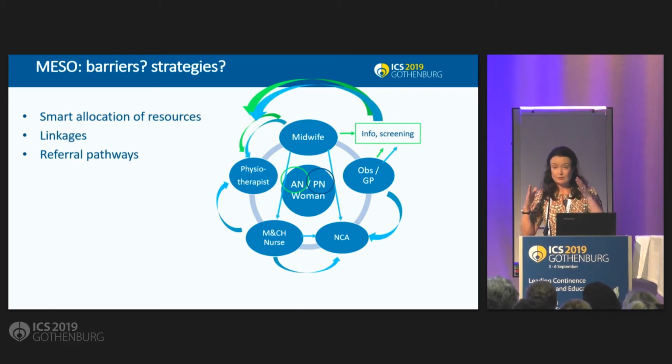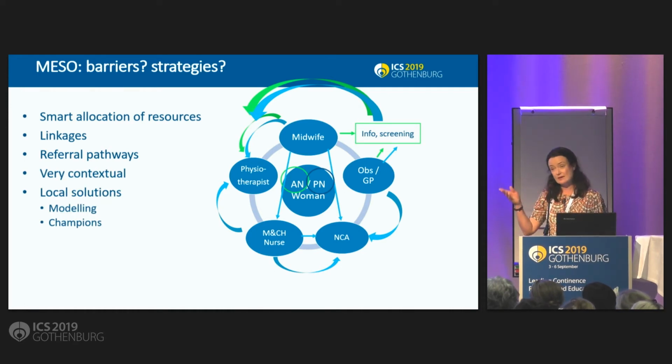Can we get one of the professionals to start talking to the postnatal clinicians, the maternal and child health nurse, the nurse continence advisor? Can we get them talking to the physiotherapist to factor them into their programs? So perhaps with better communication and networking, we can use the very limited resources that we do have in a smarter way.